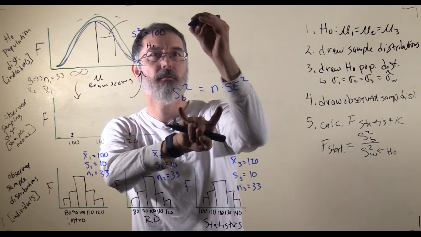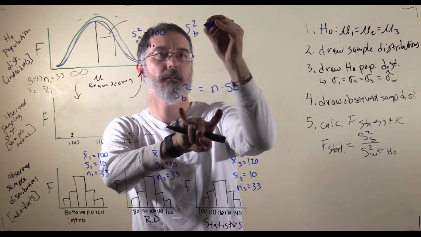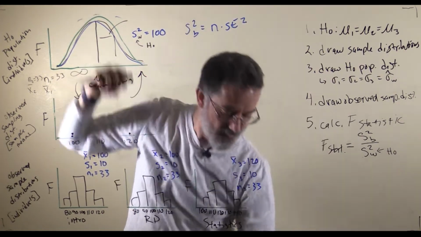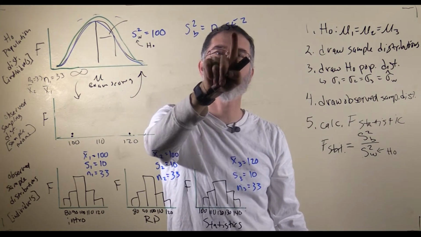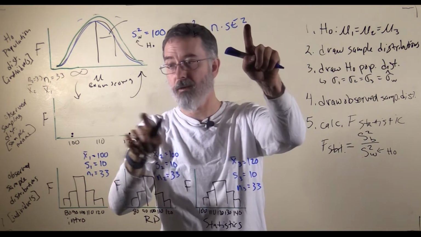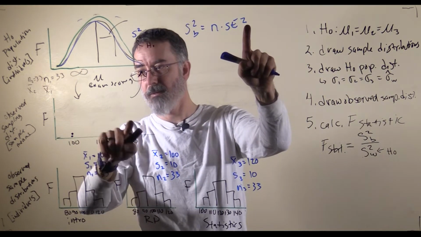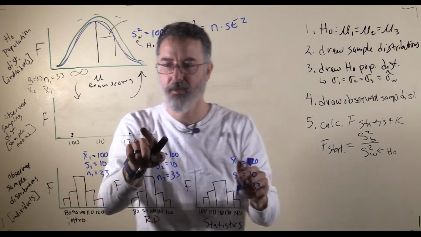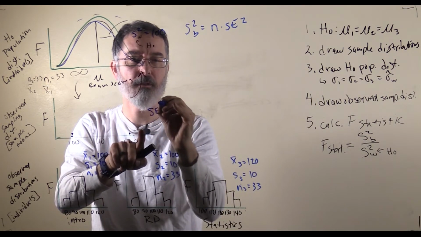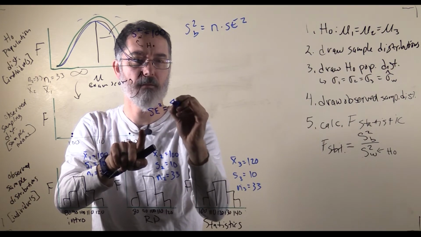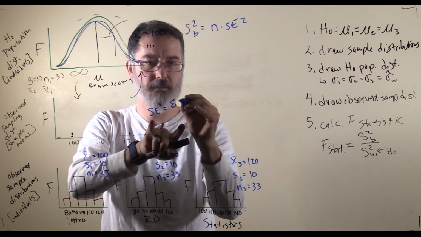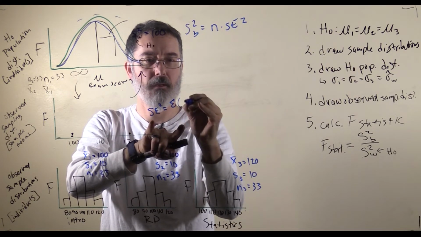All right, I'll rewrite this formula up here to create a little bit of room. So the first thing we're going to need to do is calculate the standard deviation squared, the variance, for these 3 group means. So the variance, this is the standard variance formula that we've been using since the descriptive statistics part of this class.